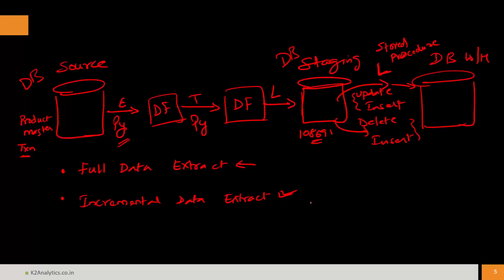The moment you say I will do incremental data extract, the question is, how do we identify new records? Or how do we identify existing records which were modified? If someone has designed the OLTP system properly, there are two things which will always be there.